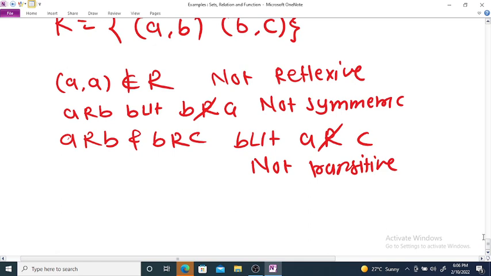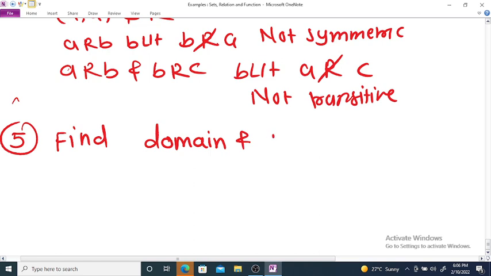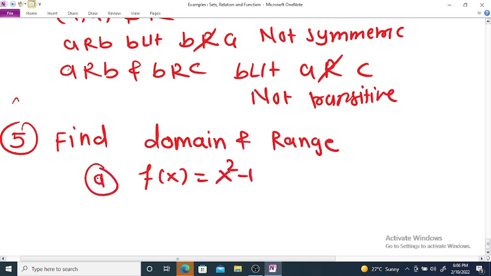Now the next example, the last example, example number 5. Find domain and range of (a) f of x is equal to x square minus 1, and (b) f of x is equal to x square plus 1.